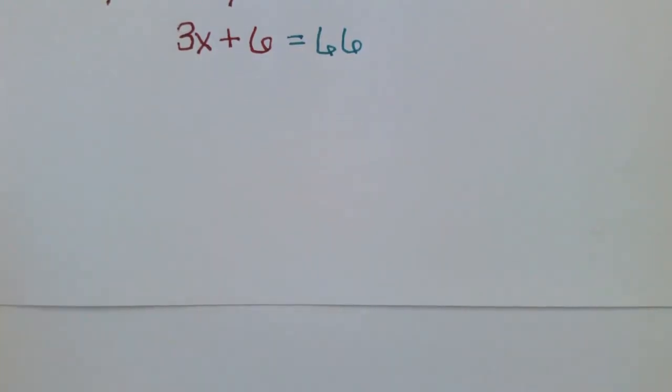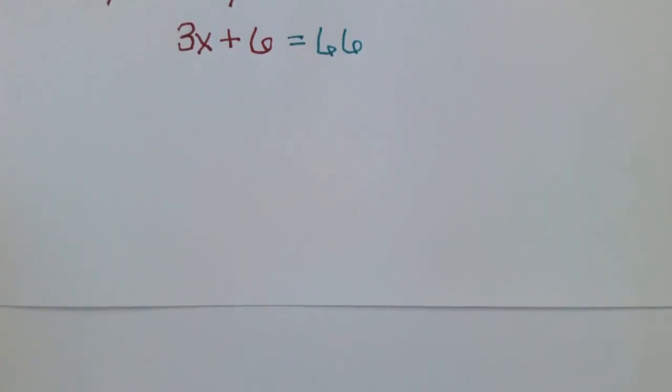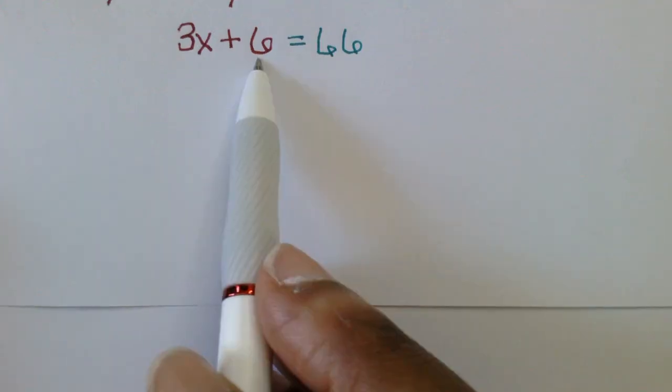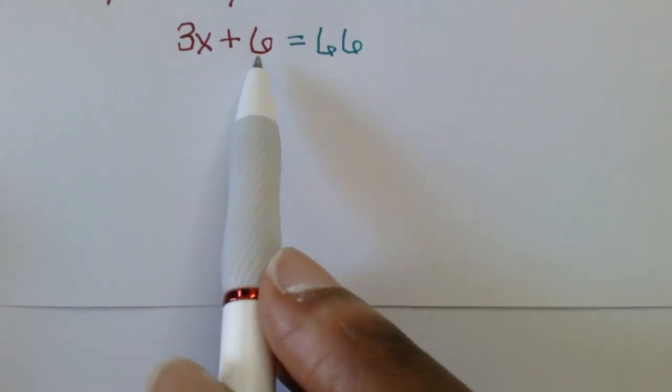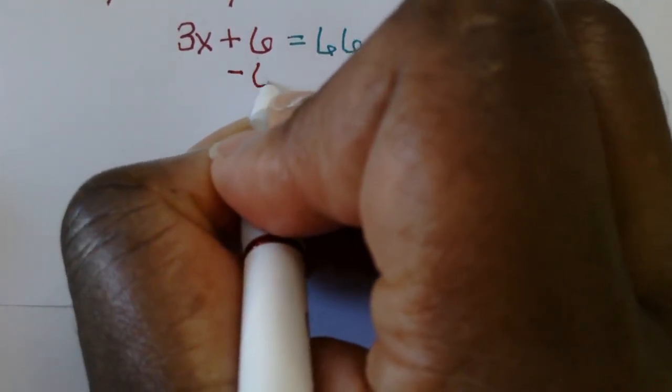Good morning. So now we have 3x plus 6 equals 66. So now we have to do the inverse. Okay, so now we have to do the inverse of the plus 6, which is minus 6.